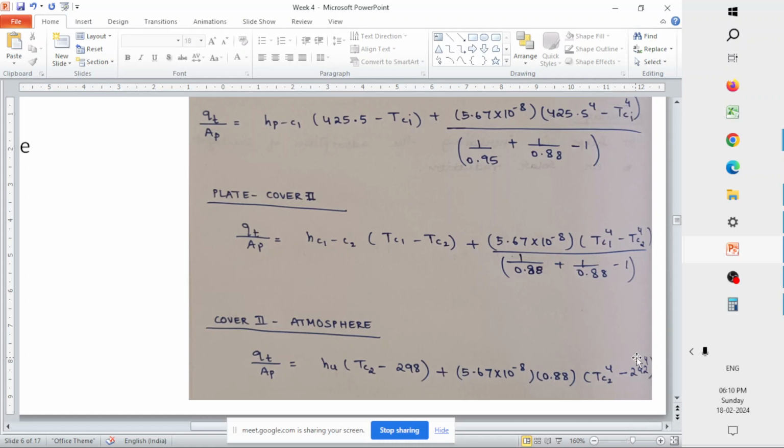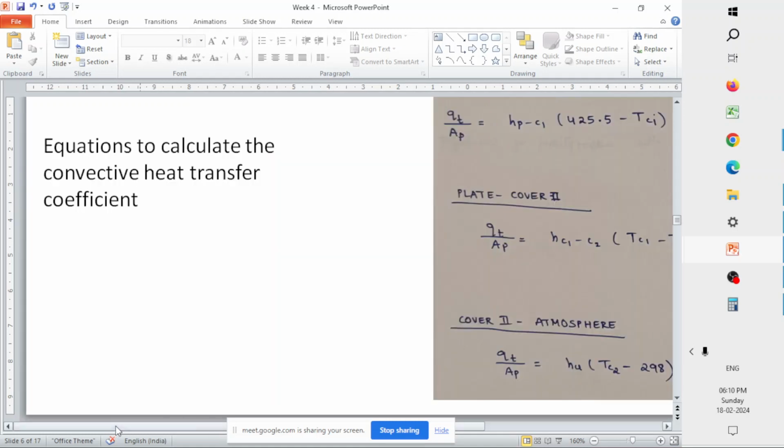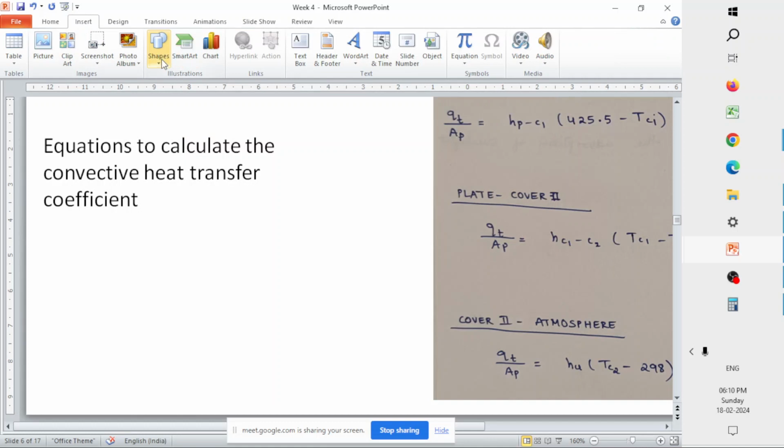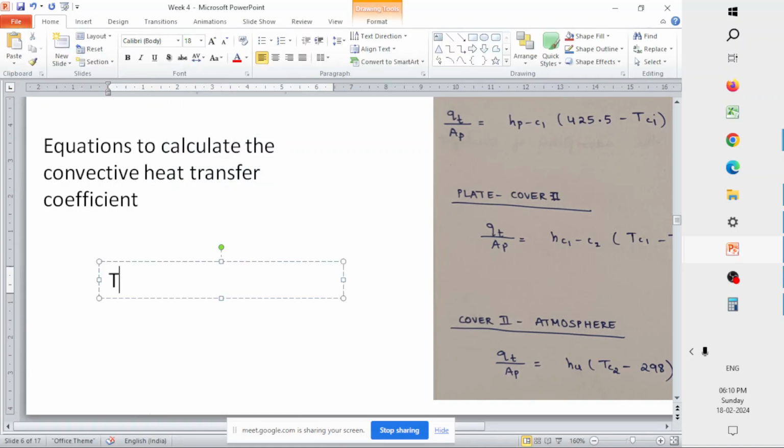The reason we use 292 is that this radiation will be moving towards the sky. So the heat transfer is between the sky and your cover 2. The sky temperature is usually taken as T ambient minus 6. By convention we take T sky as Ta minus 6.